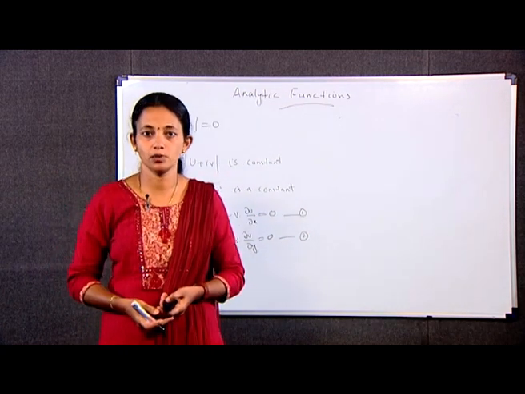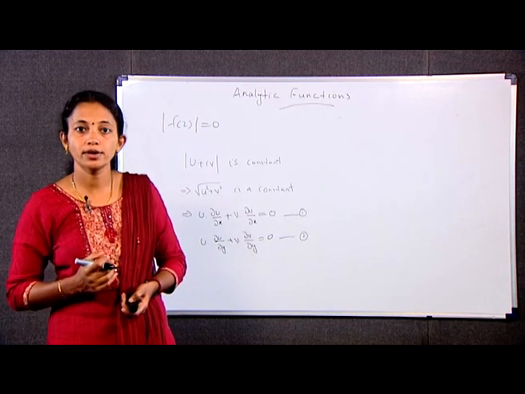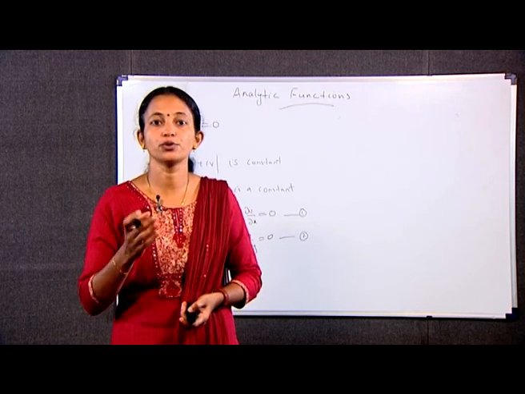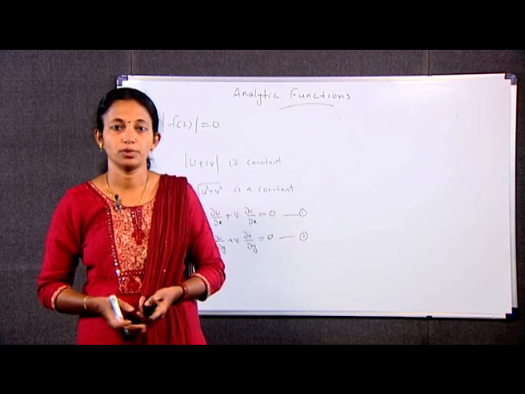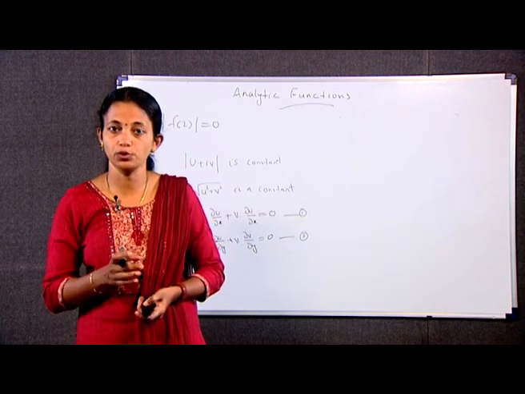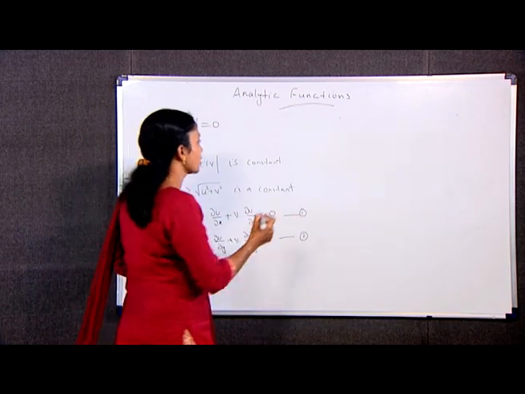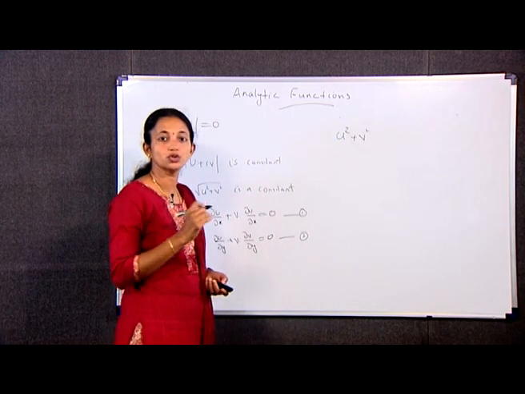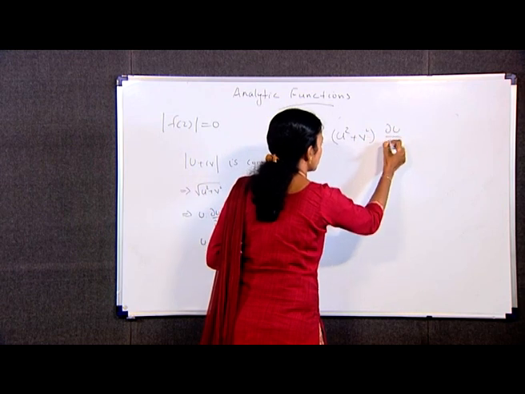Using Cauchy-Riemann equations, equations 1 and 2 give u into dou u by dou x minus v into dou u by dou y is equal to 0, and u into dou u by dou y plus v into dou u by dou x is equal to 0. By multiplying these two equations by u and v respectively and adding, we get u square plus v square into dou u by dou x is equal to 0.